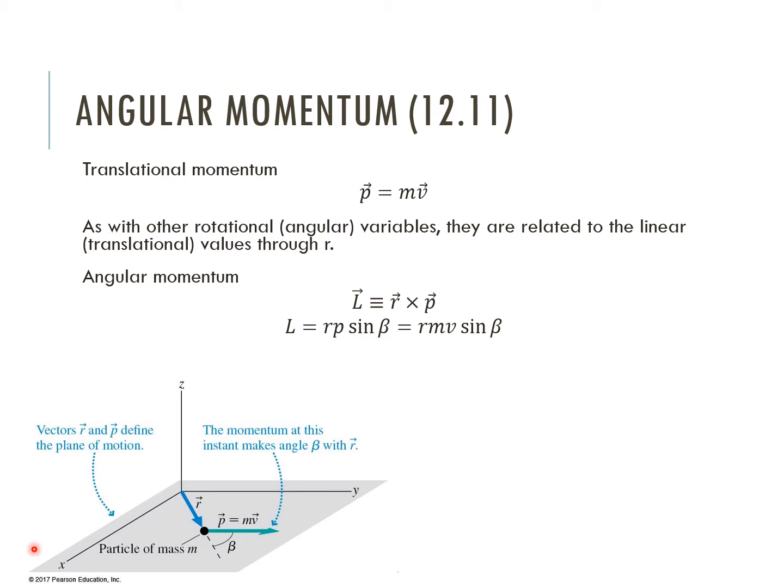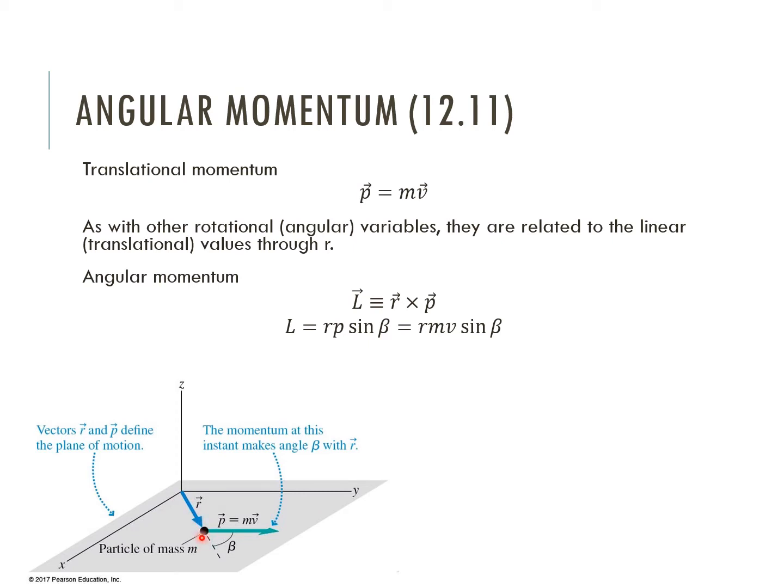So for example, here we have something in the xy plane, and here we have our z-axis. So it is some distance from whatever the center is rotating about. Here is our particle, and here is the momentum vector of it, which happens to be purely in the y direction. The r vector is in x and y.